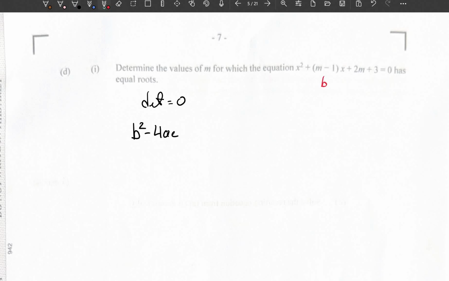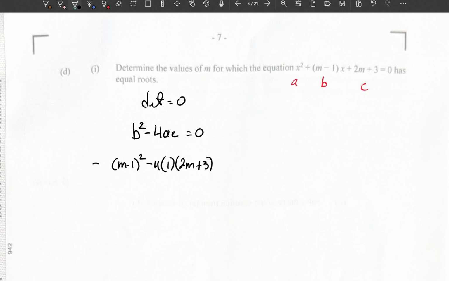So b would be m minus 1, a would be 1, and c would be 2m plus 3. Therefore, b squared minus 4ac must be equal to 0. Right? So m minus 1 squared minus 4 lots of a is going to be 1, c is going to be 2m plus 3.